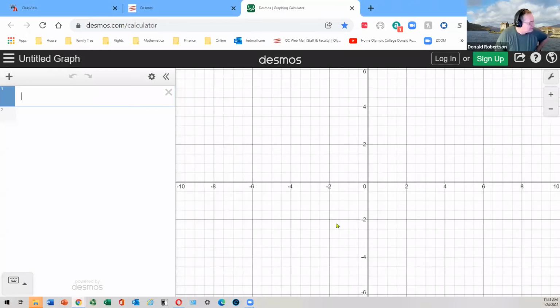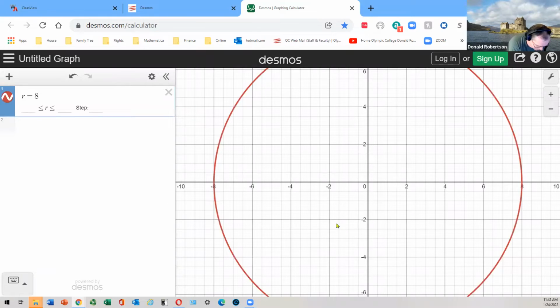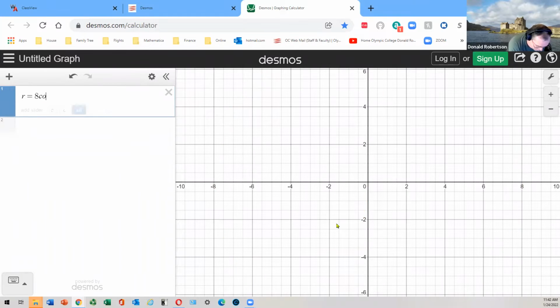Okay, so I'm hoping that I've got Desmos set up properly. It's been ages since I've used Desmos to do polar, but I believe I should be able to get away with it. Let's hope so. If you do r equals 8 cos theta. I know what to do here, but I need variables.